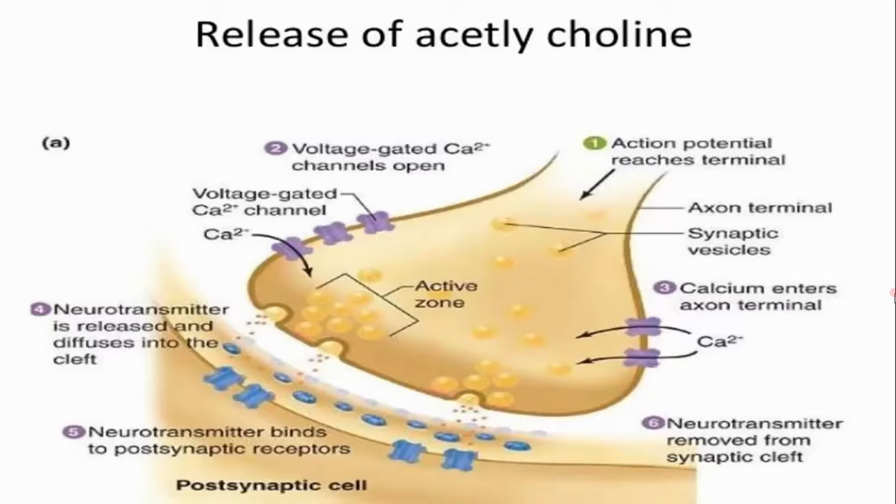So, we will just revise this. That is, there is opening of voltage gated calcium channels. There is entry of calcium, binding with synaptotagmin, creation of a microdomain, helping in fusion of different proteins out here, and release of neurotransmitters from the presynaptic terminal to the synaptic cleft, which will now act on the different receptor channels on the postsynaptic membrane.